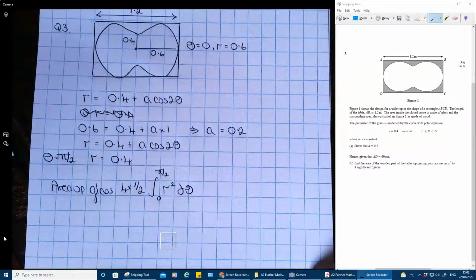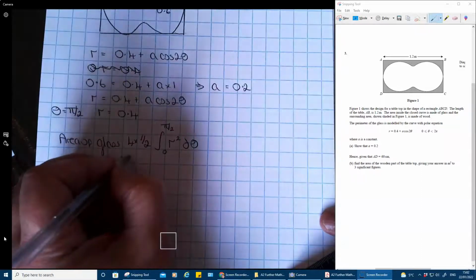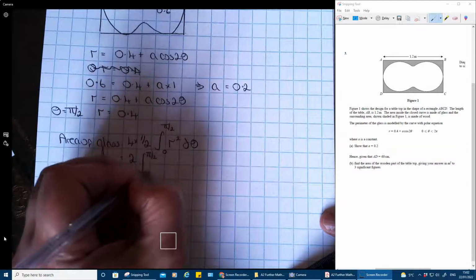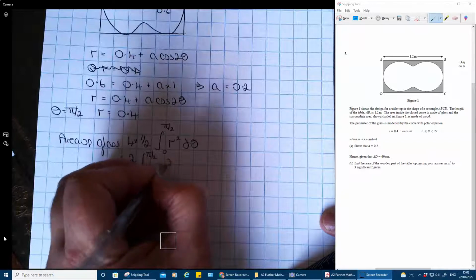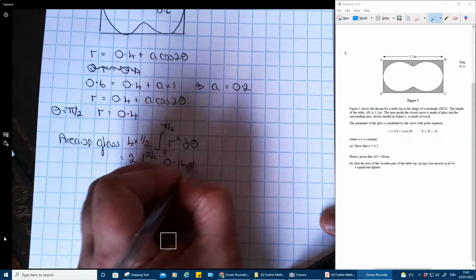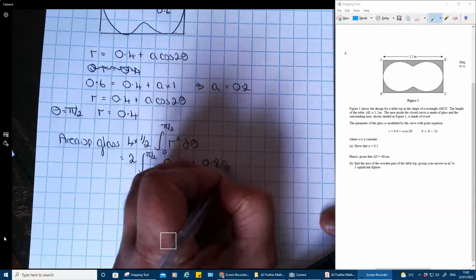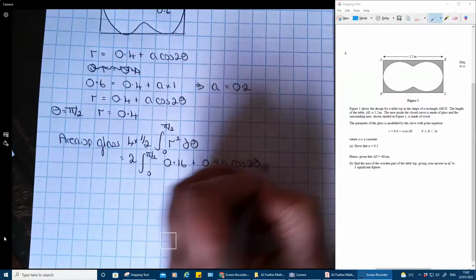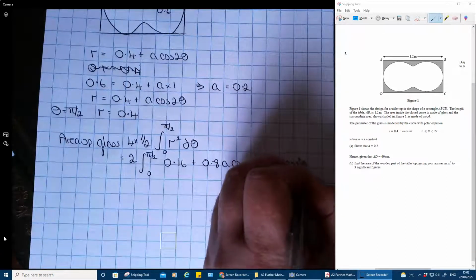Okay, so plugging that in, we then get 2 times the integral from pi by 2 to 0. We square r, we get 0.16 plus 0.8 a, sorry, I know what a is, don't I, cos 2 theta plus a squared cos squared 2 theta.